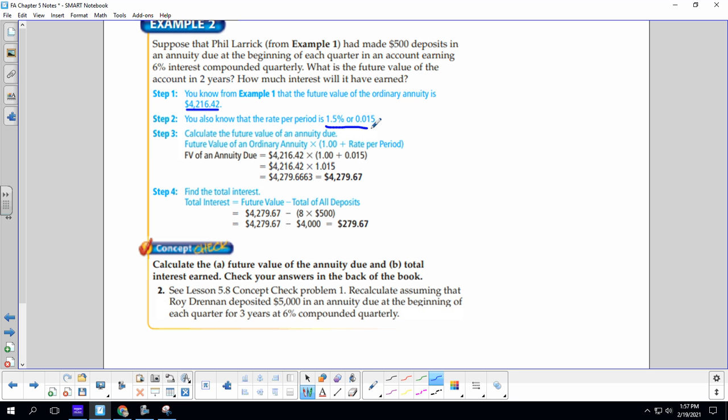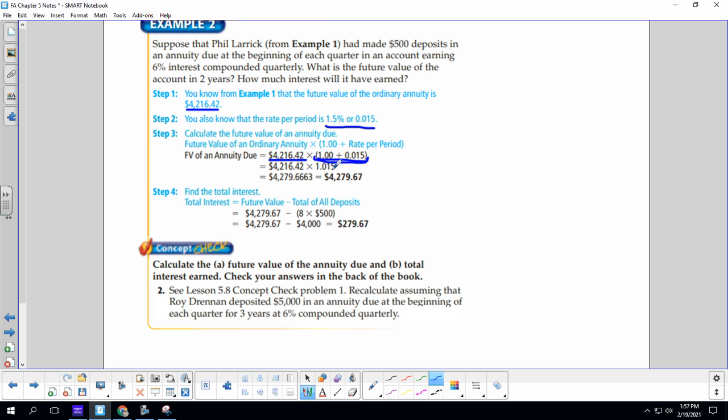Our rate is 1.5%, but as a decimal, it is 0.015. So the future value for an annuity due is the ordinary annuity amount times 1 plus your percentage. So 1 plus 1.5%.